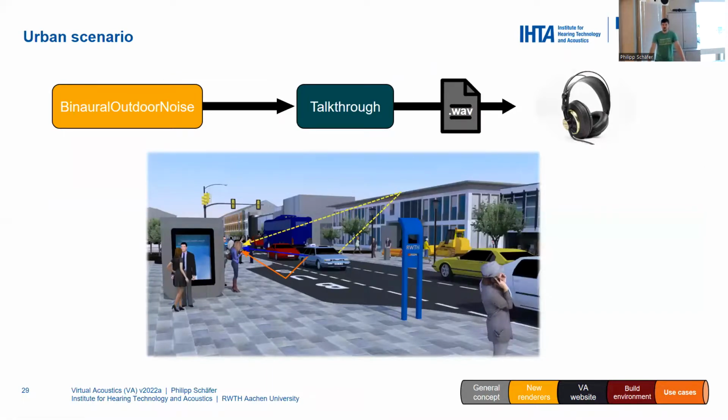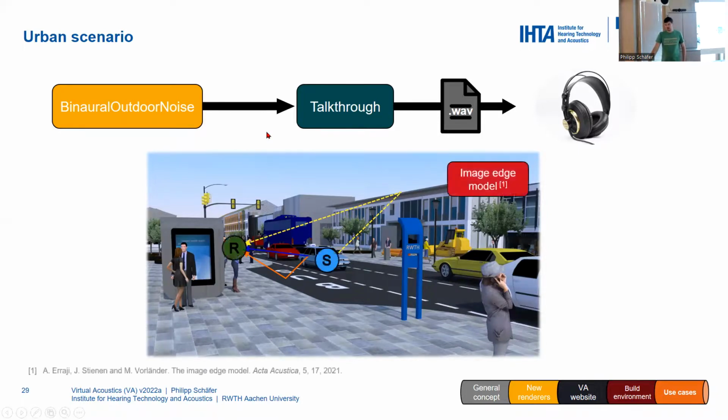However, in scenarios where we have more structures around the source, this might not be sufficient, and then we might want to consider additional reflections at buildings, for example, but also diffraction. And for this case, we have the binaural outdoor noise renderer, and this is based on the image edge model developed by Jonas Stienen.